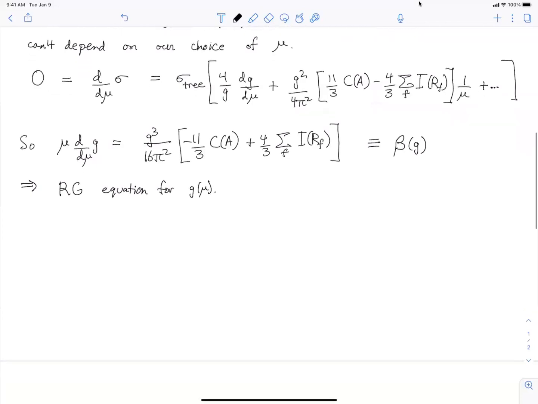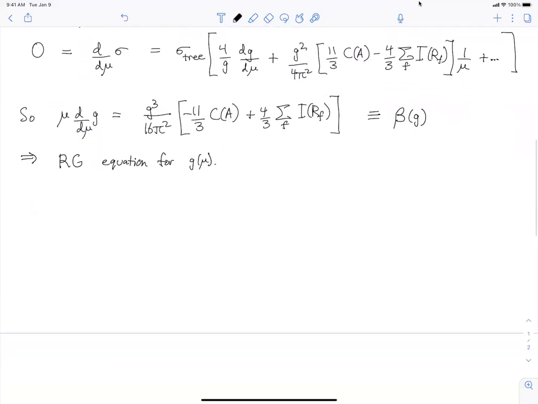Okay, and the important thing about it is it's a first order differential equation. First order differential equations are great because you can always solve them. Even if you can't solve them analytically, you could use Runge-Kutta or some numerical method. First order differential equations are easy.